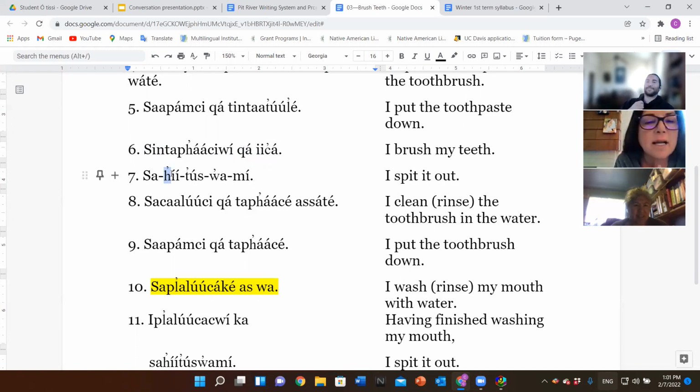Go for it. Sahi tu Swami. Tuea sahitu swami. Sahe tu Swami. It's good. You're still trying to make an E sound. Sahi. Just the H. There you go.